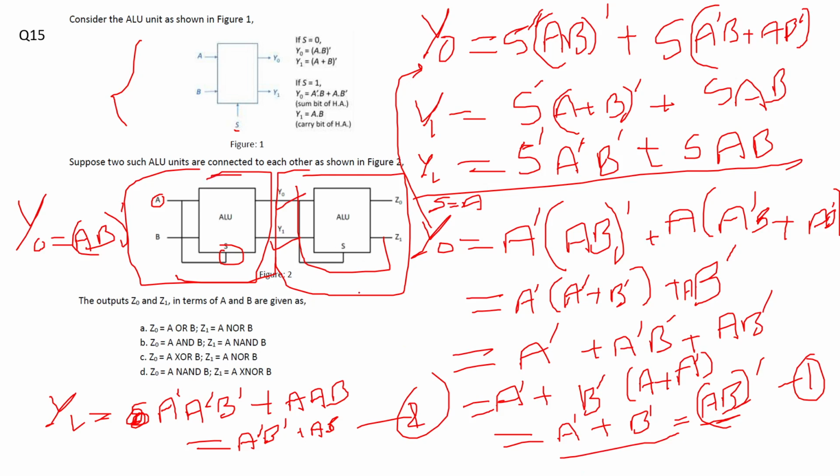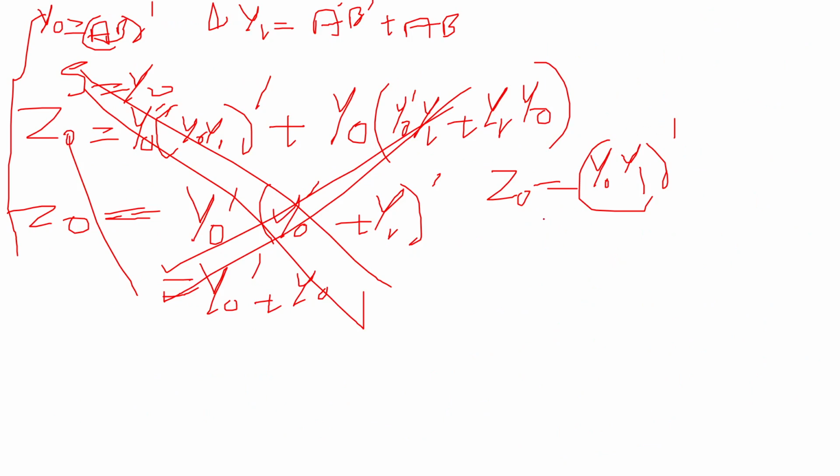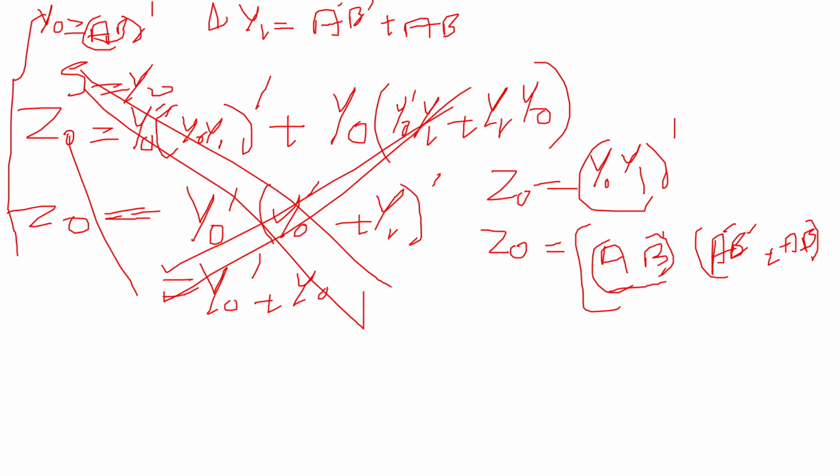So this thing and this thing are similar, so z0 is equal to y0 y1 complement, right? And y0 is equal to A B complement, and y1 is equal to A complement B complement plus A B. This is y0, this is y1, and we have a whole complement, and then we have z0.